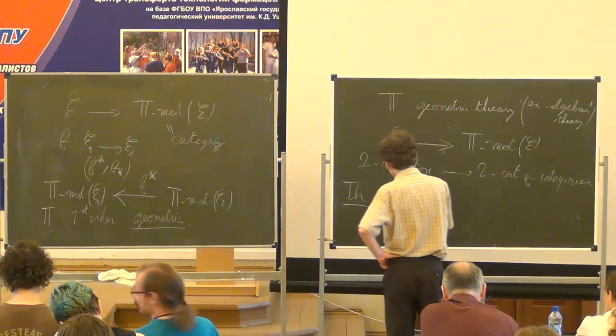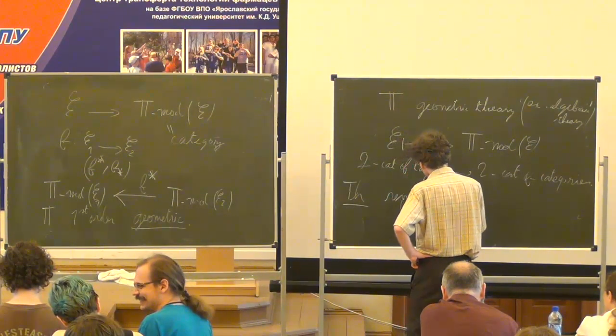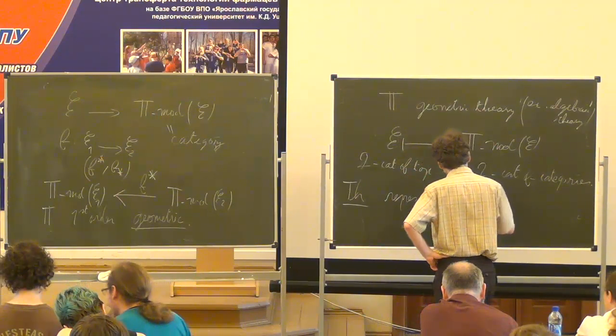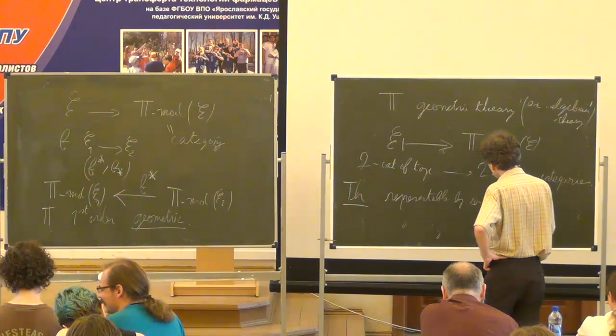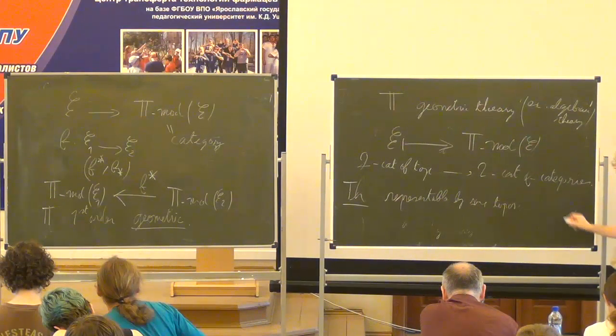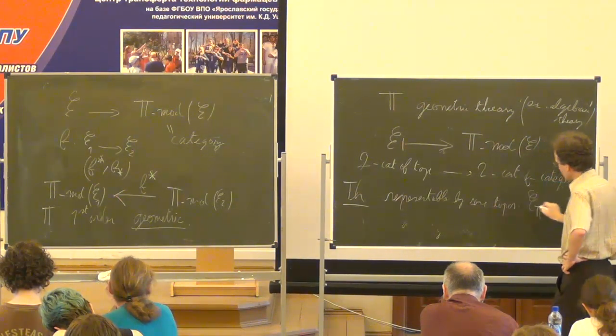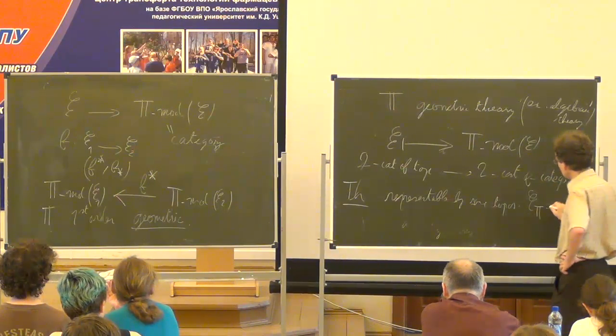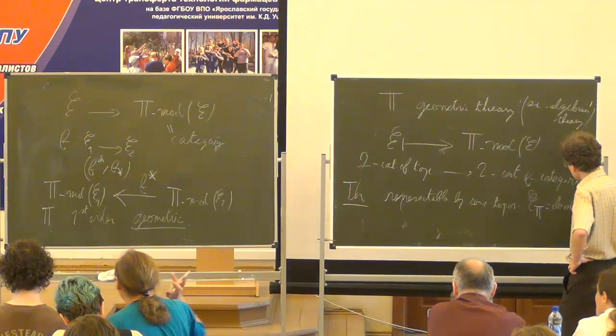This is representable by some topos, which is uniquely defined up to equivalence, and it is called the classifying topos of the theory.